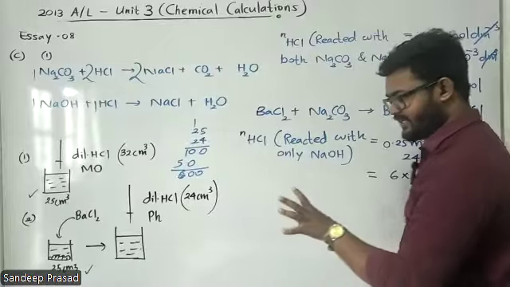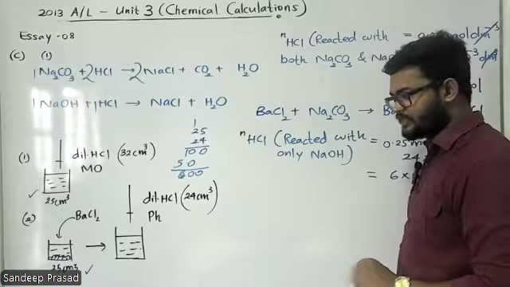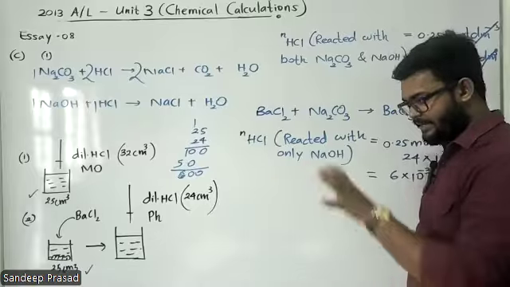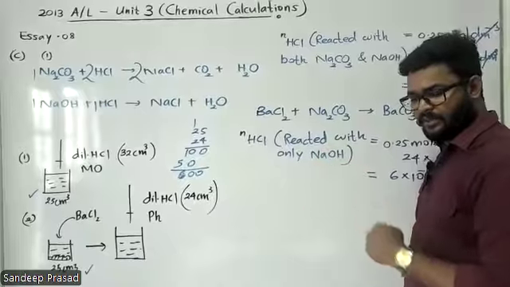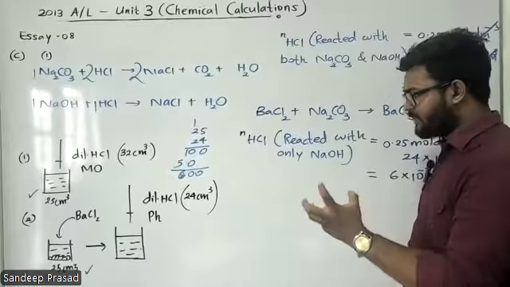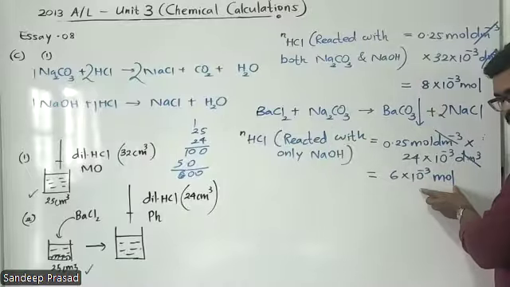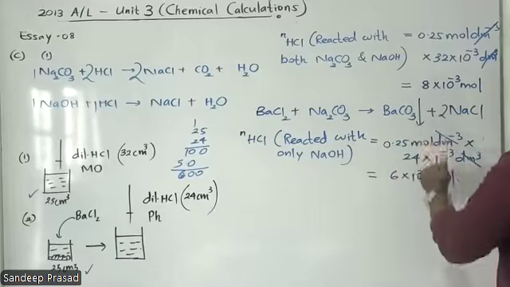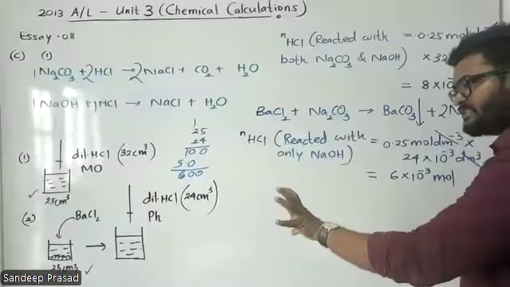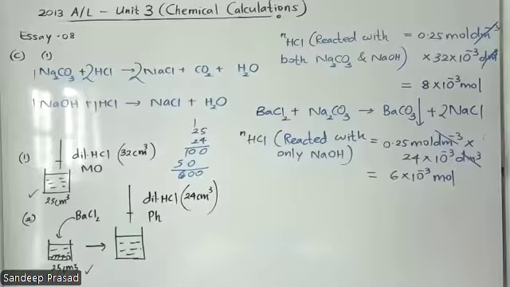But in the second process, since they have removed the sodium carbonate from the solution by precipitating it as barium carbonate, the only thing remaining in the solution is sodium hydroxide. That sodium hydroxide reacted with HCl, and that HCl amount was 6 into 10 to the minus 3. Then, students, you can see that the difference between these two gives the number of moles of HCl reacted with sodium carbonate. Can you understand what I'm saying?